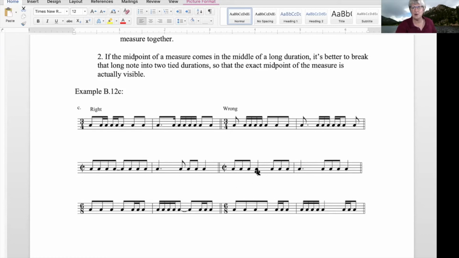If you show that note as a quarter note, it's harder to sight read this and it's harder to tell where you are in the 2/2 meter. Instead, what's preferable is to actually show the 2 eighth notes that make up the quarter note. Why? Because the first eighth note is part of the big beat 1.